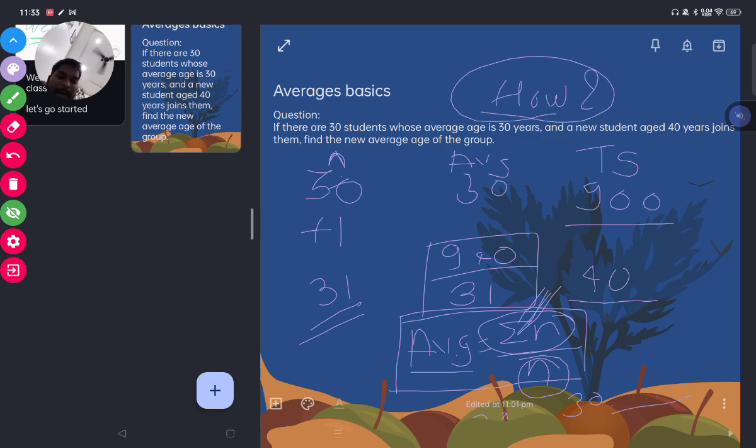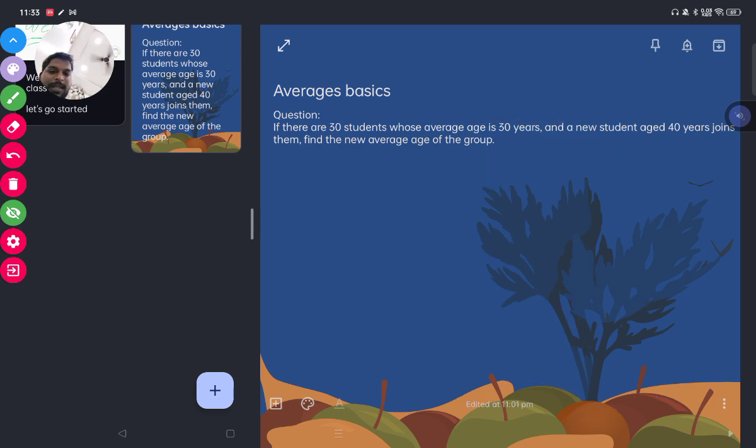So what did I apply and how did I solve this question? That is the most important part. Let us say I read the question first: if there are 30 students whose average is 30 years and a new student aged 40 years joins them, find the new average of the group.